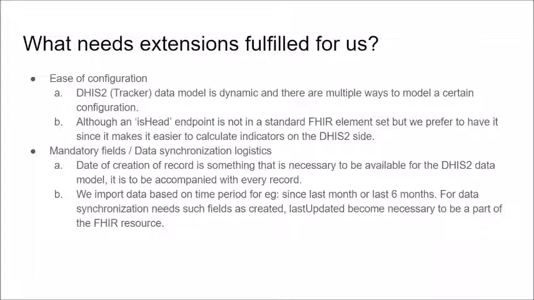So all these individual records can be modeled in a way which allows us to make analysis easy. So we not only have to figure out accurately what FHIR extensions to map in DHIS2, but we also have to do it so that the analysis in DHIS2 becomes easy for us to do.